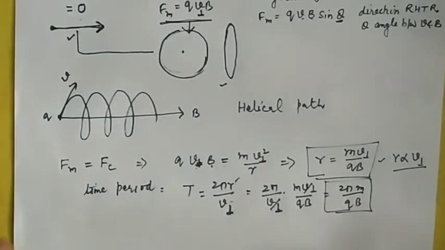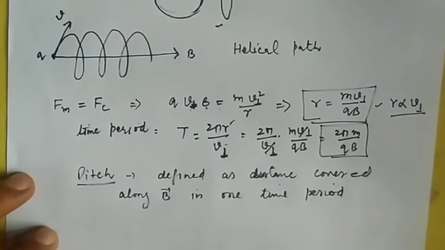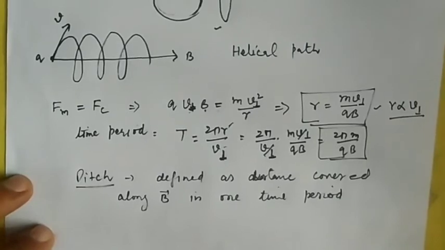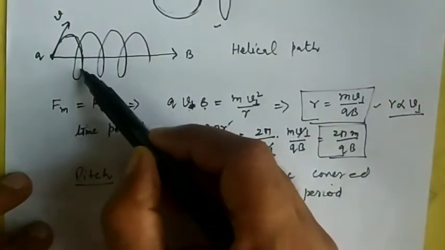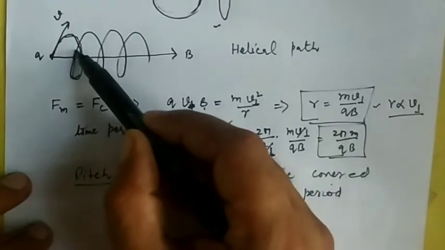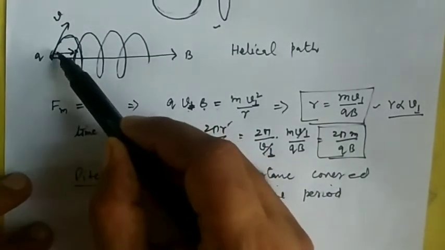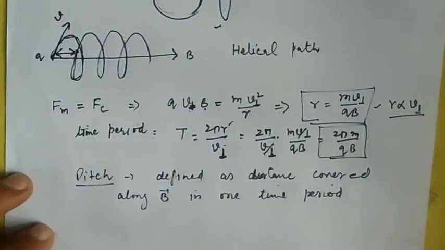Further, we are going to define one more term, known as pitch. Pitch may be defined as the distance covered along the direction of magnetic field in one time period. That is to say, in one time period, it completes one revolution, so what is the horizontal distance covered while completing one revolution?